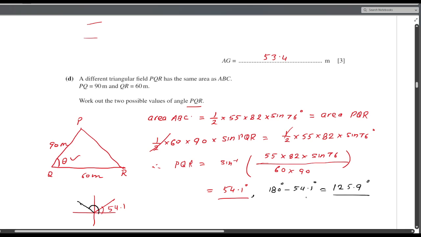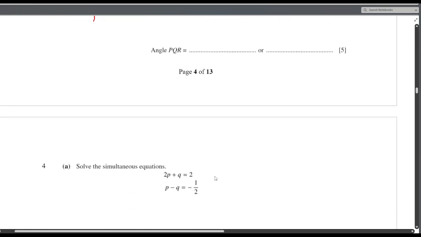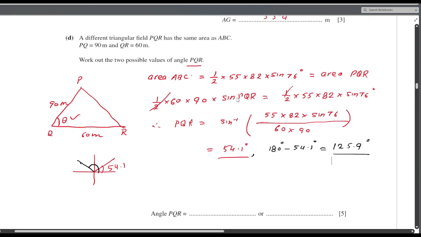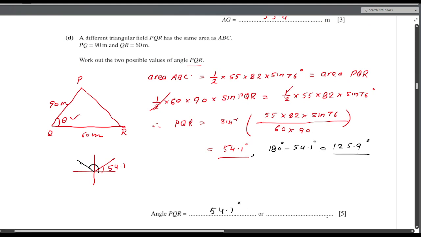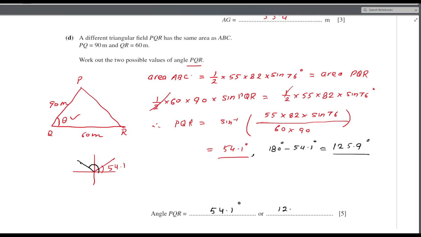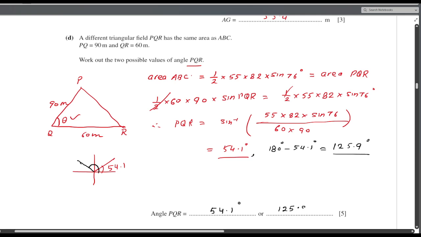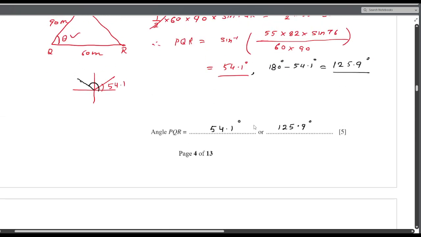I am rounding my answers to one decimal place. So your angle PQR is 54.1 degrees or 125.9 degrees. Clear?